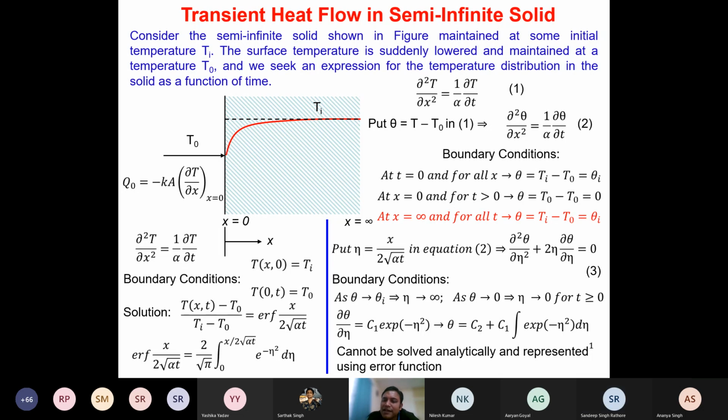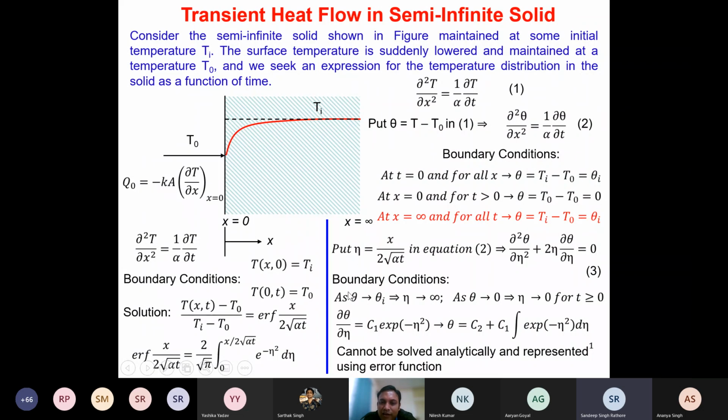Now let us see how these 3 boundary conditions are going to change with this substitution. At theta equals theta I, my eta becomes infinity, isn't it?